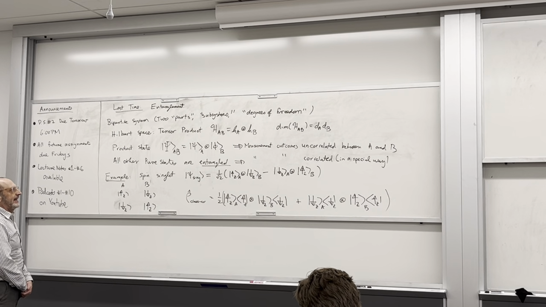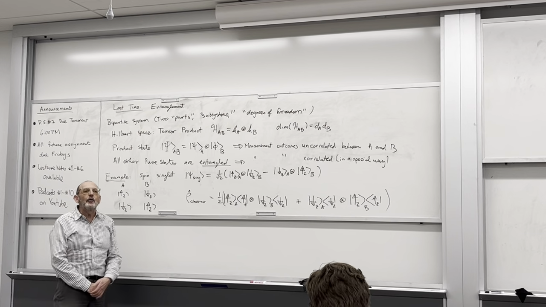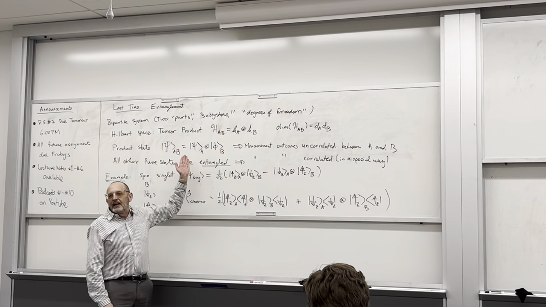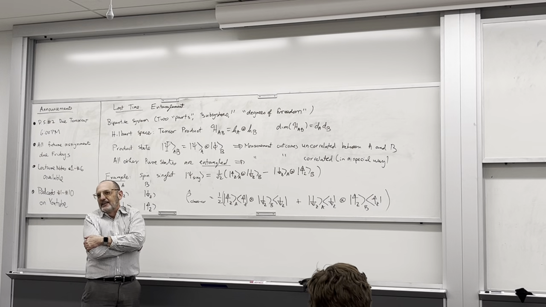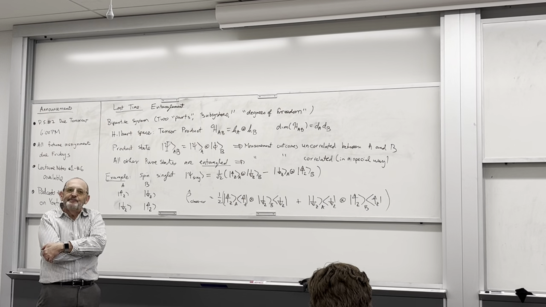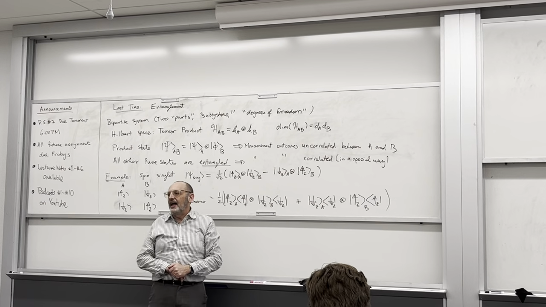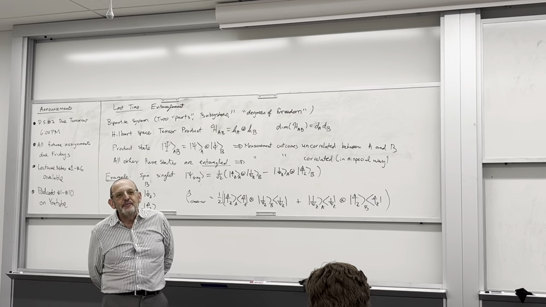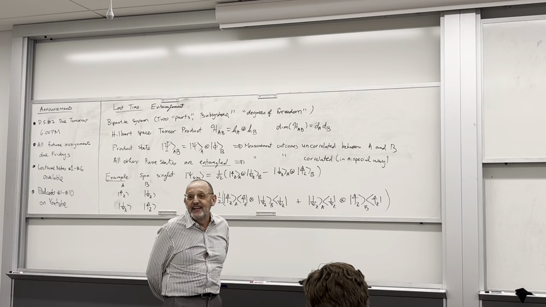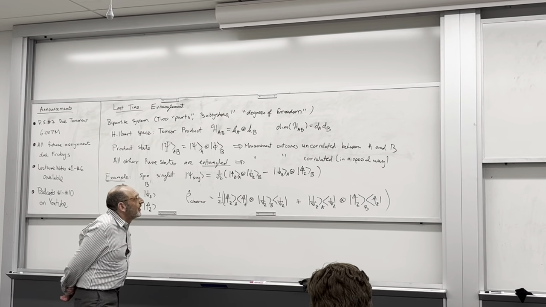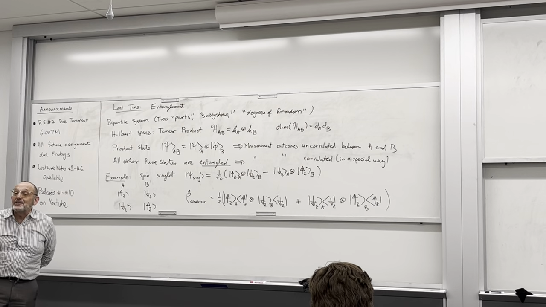They're statistically independent outcomes. If I have a pure state that isn't a product state, then it's an entangled state, which means, amongst other things, that measurement outcomes are not statistically independent from one another. They're correlated, but they're correlated in a very special way.